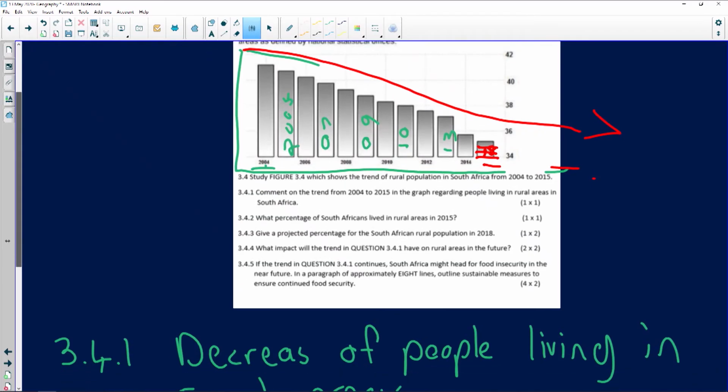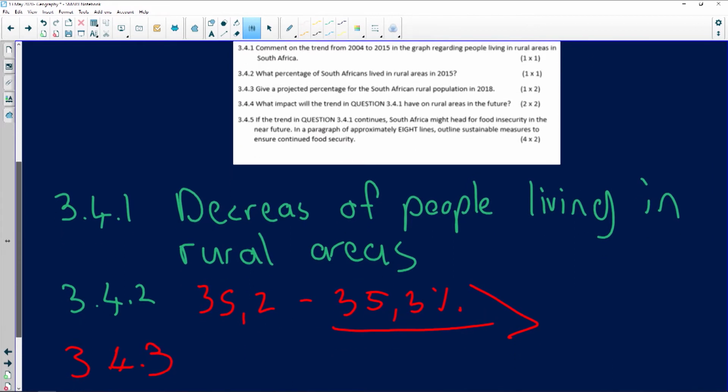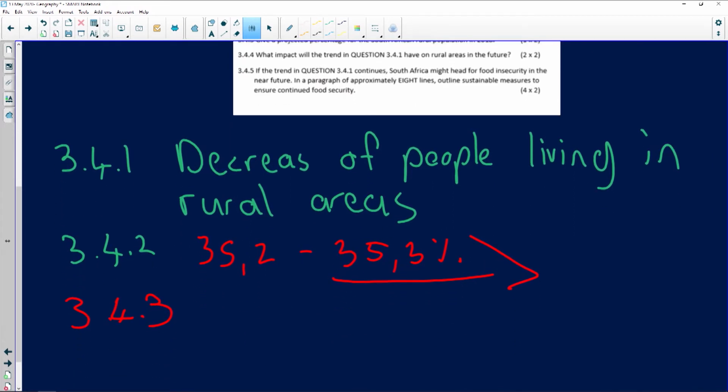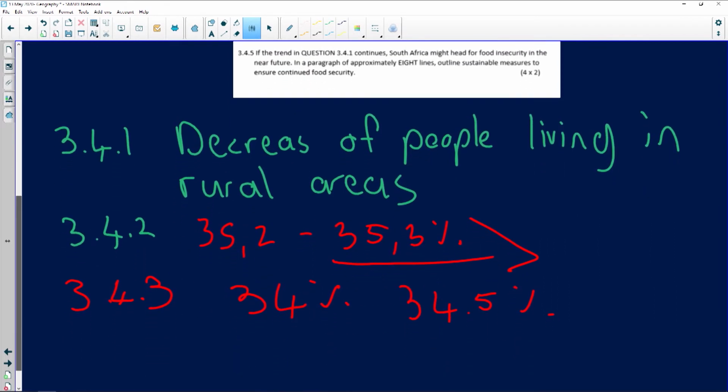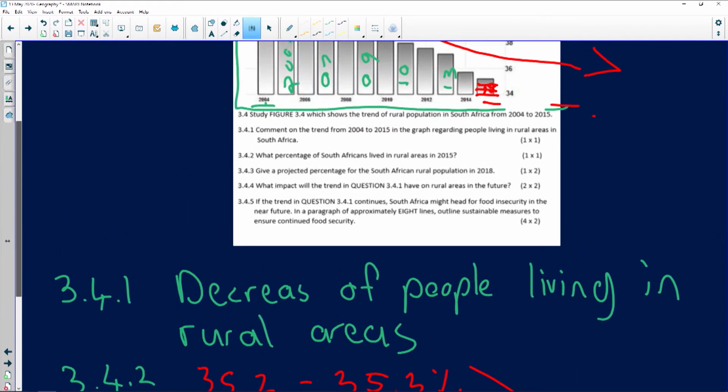So the correct answer for question 3.4.3 will be, let's say, 34.5%. It's a calculated projection that we're making by looking at our bar graph.